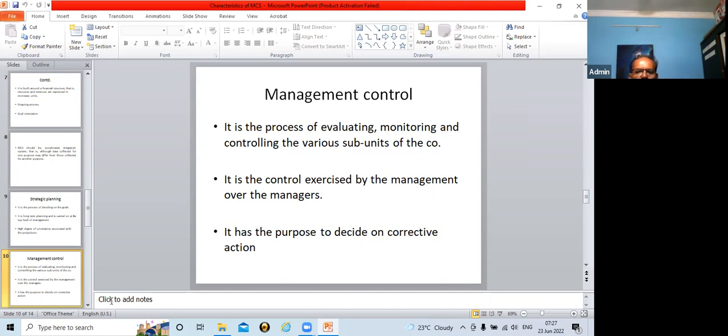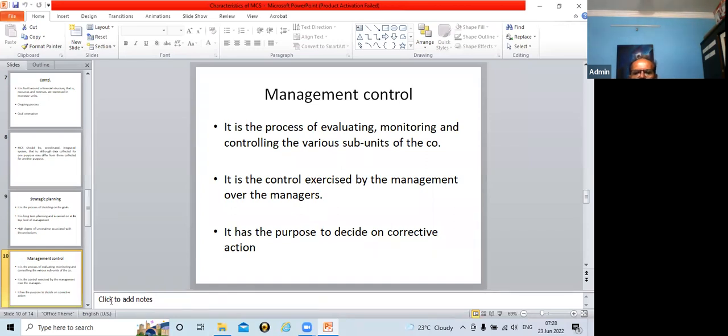And top management should also give their lower level and middle level management access for interaction. If they have closed their door, then this corrective action may not be possible.